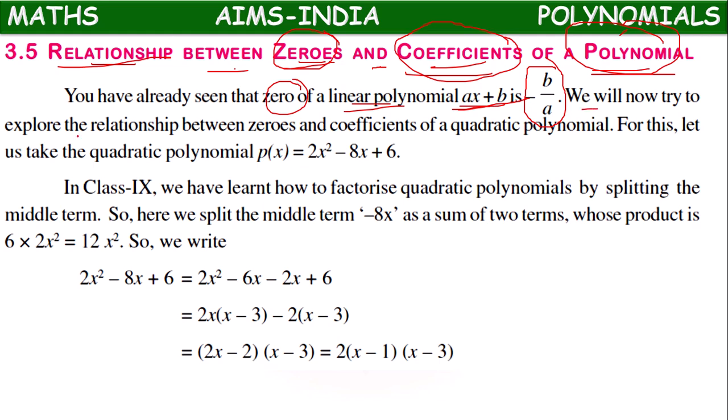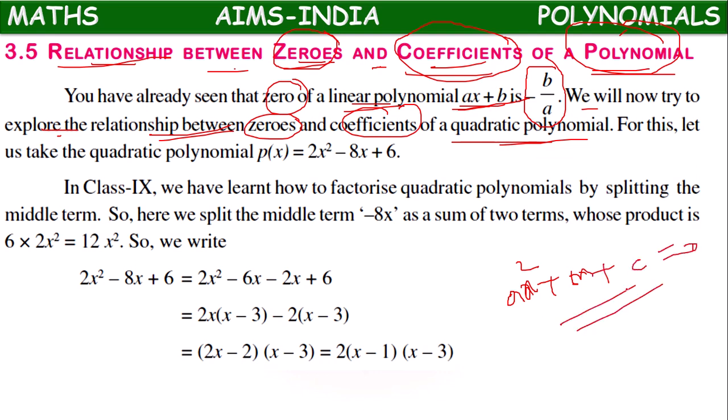We will now explore the relationship between zeros and coefficients of a quadratic polynomial, the polynomial whose highest degree is 2, in the form ax square plus bx plus c equal to 0.